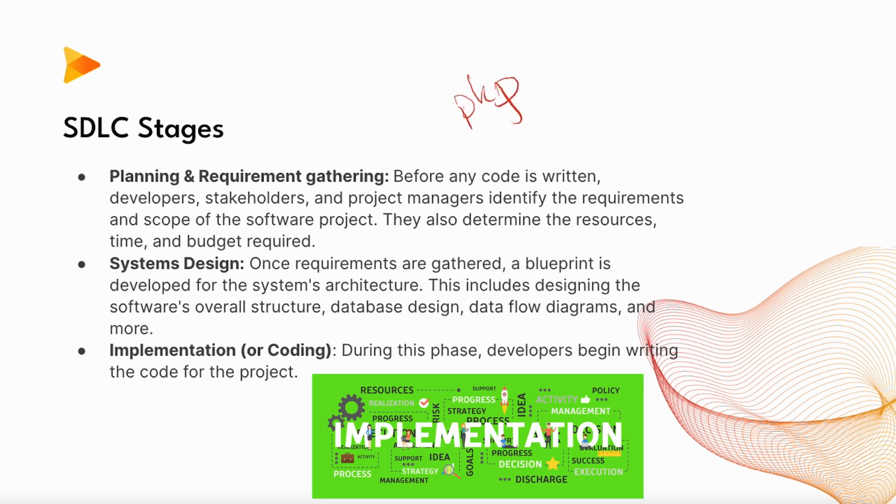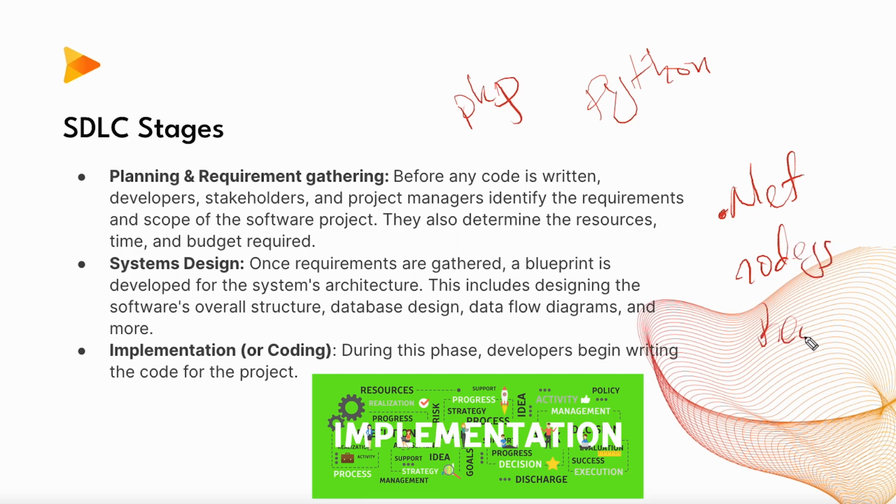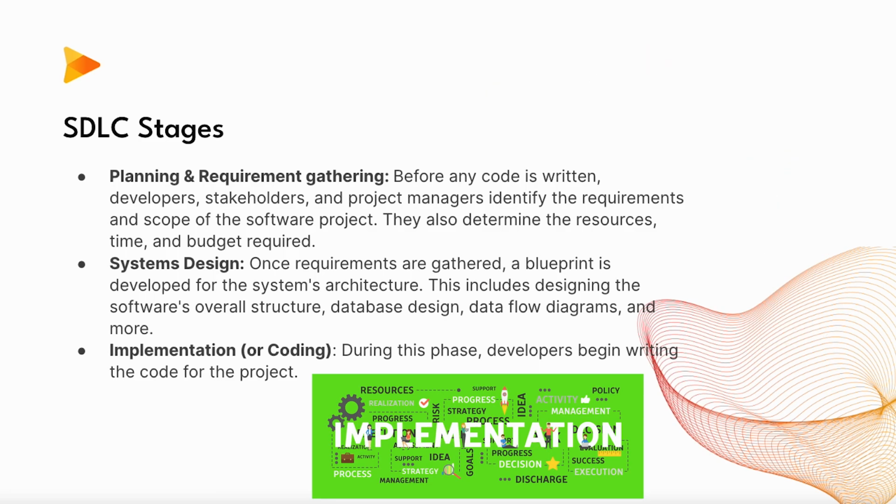This can be PHP, Python, .NET, Node.js, React, or Go. It can be any programming language of your choice, or the one chosen during the planning and requirement gathering phase. These guys will start writing the code, and it's going to take them some time to actually write it.